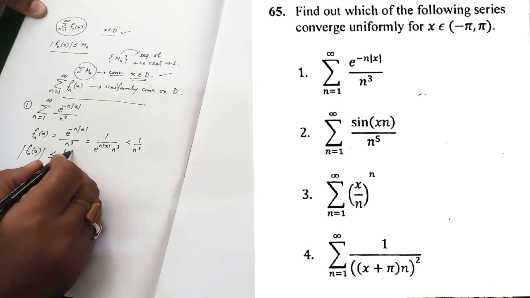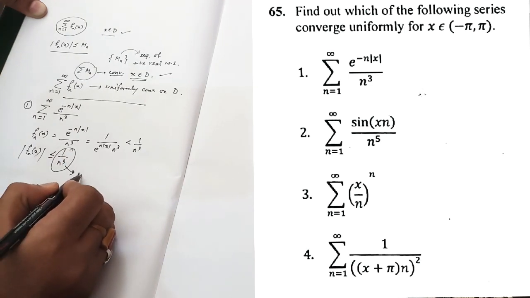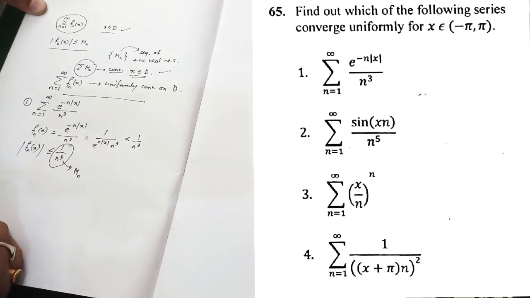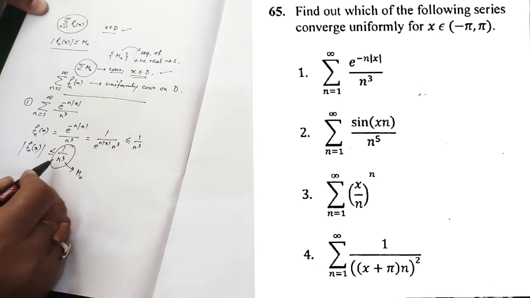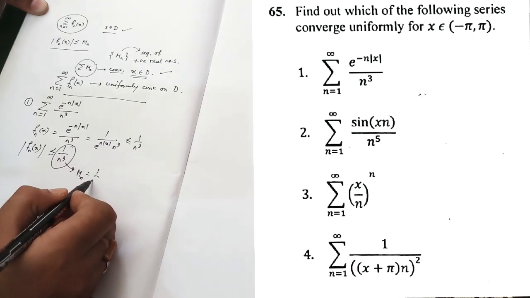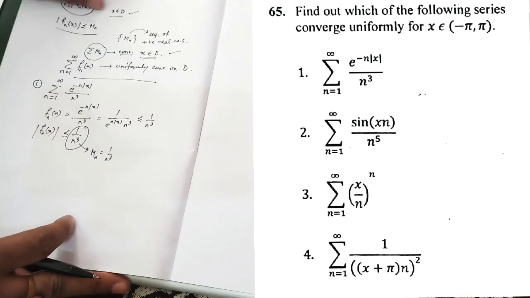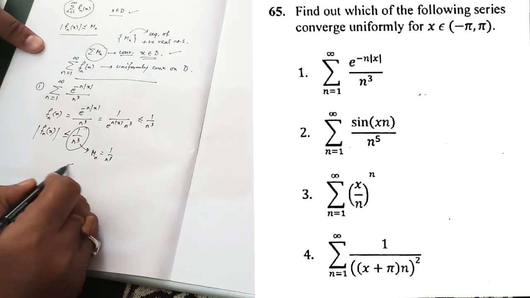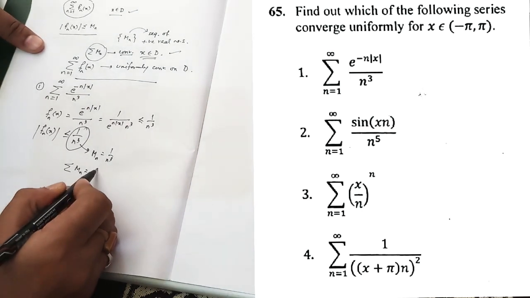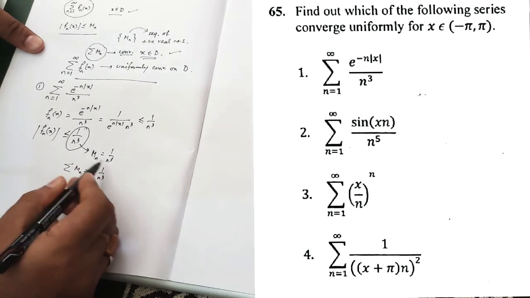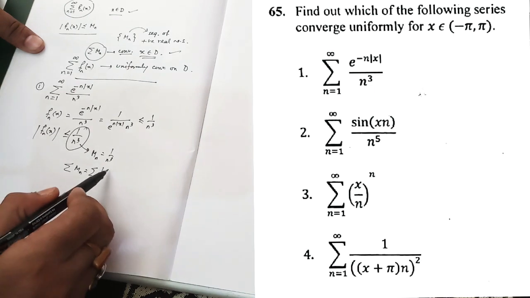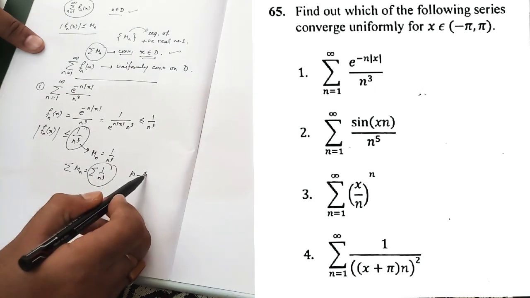So your M_n should be 1 by n cube, and from the previous discussion you need to check whether the summation of M_n is convergent or not. Obviously it is convergent by the p test.